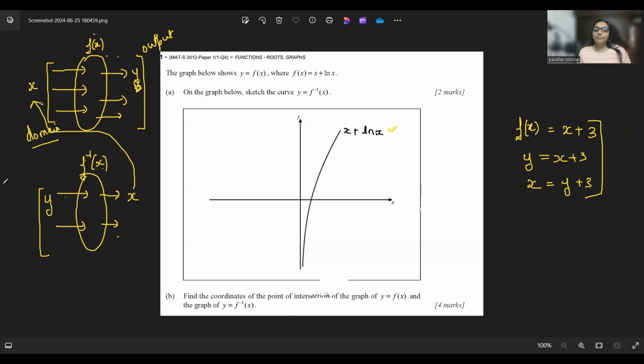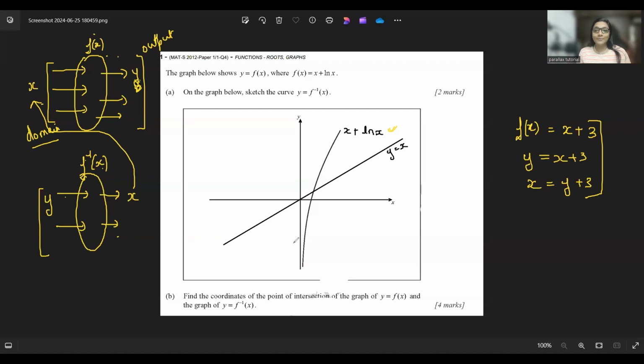Now coming to the graph part. So suppose you have to find how inverse of functions behave graphically, how does a function look and how does its inverse look graphically. So what we do first is we draw an x is equal to y line. Okay, this is the line y is equal to x.